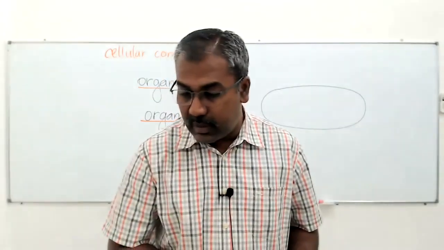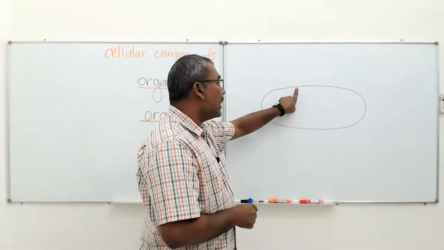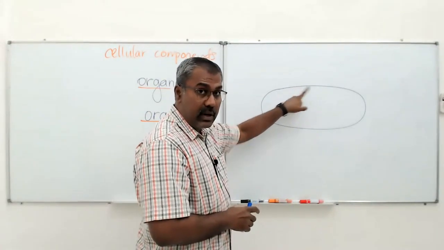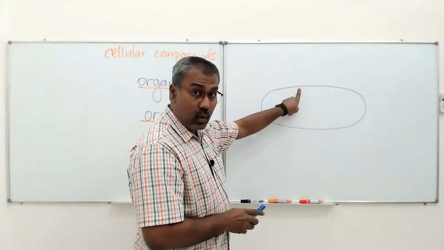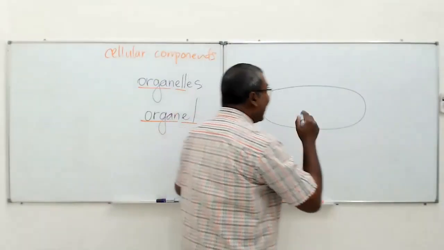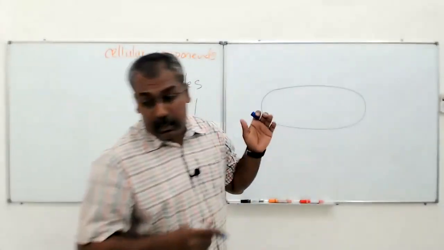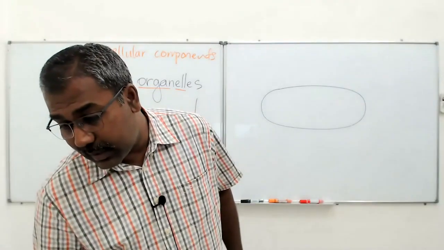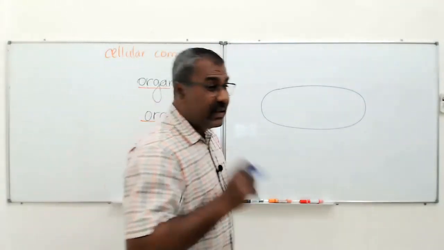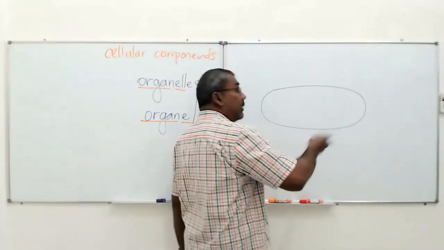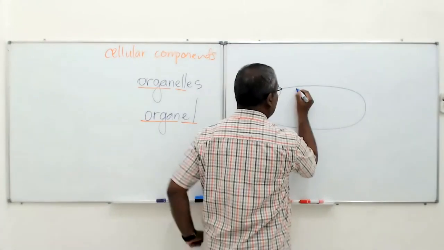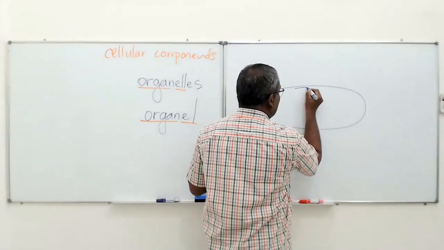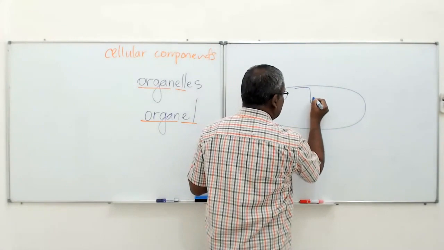Smooth outer membrane, membran luar yang licin. This is the membran luar dia, dan membran dalam yang berlipat-lipat, folded inner membrane. So this is the membran dalam, another one. Dan ianya berlipat-lipat, something like this.